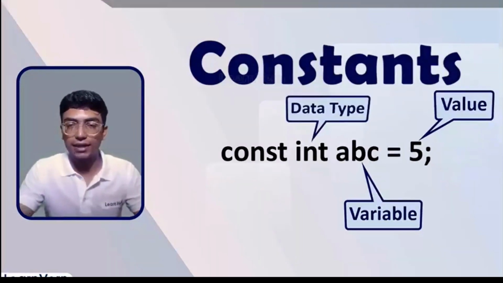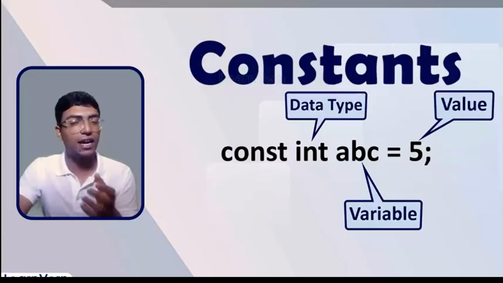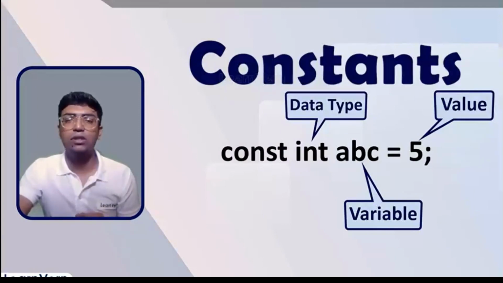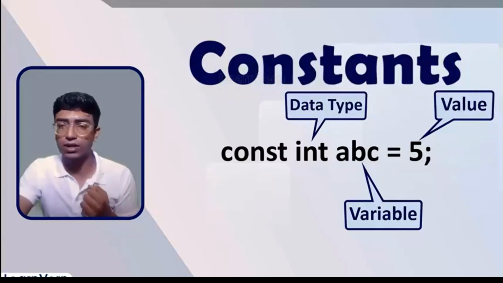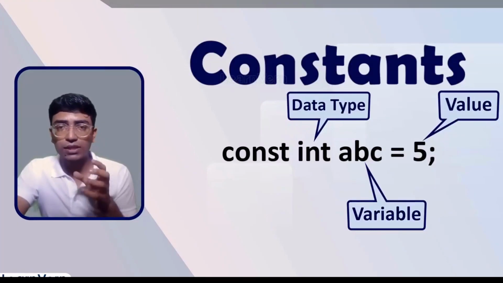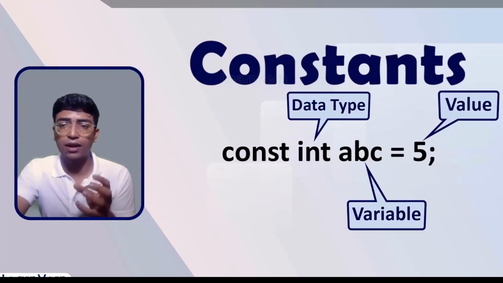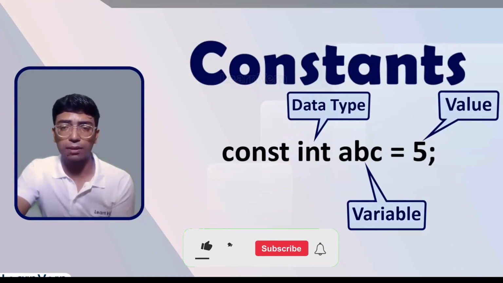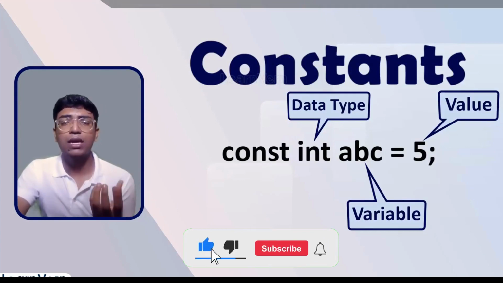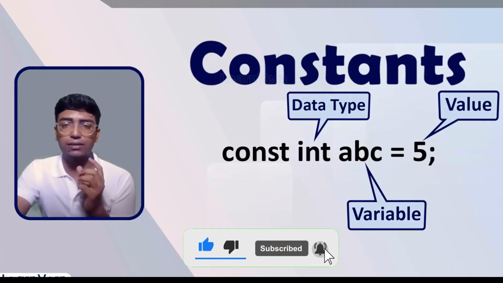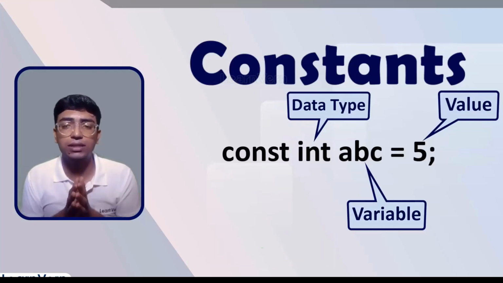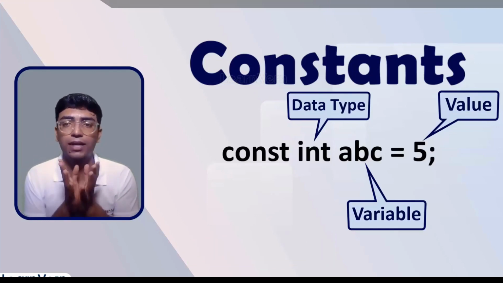It is basically called a data type. Now you can safely ignore that. We have understood that ABC is the name of the variable, and 5 is the value stored in ABC. So this const at the start makes that variable constant.